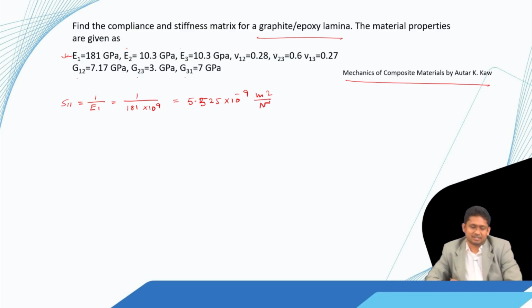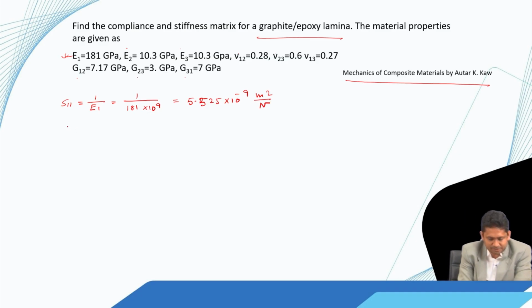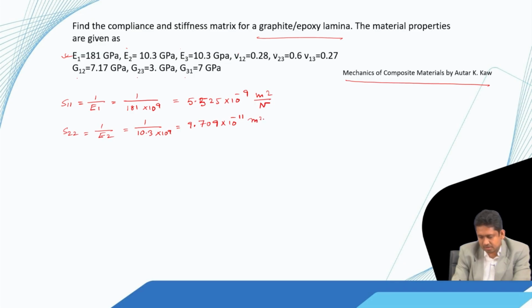The unit of E1 is the unit of stress or pressure, so S is just the reciprocal of it, and its unit is just the inverse of it. S22 again is 1 by E2. If I put these values, the value that we get is 9.709 into 10 to the power minus 11 meter square by Newton.